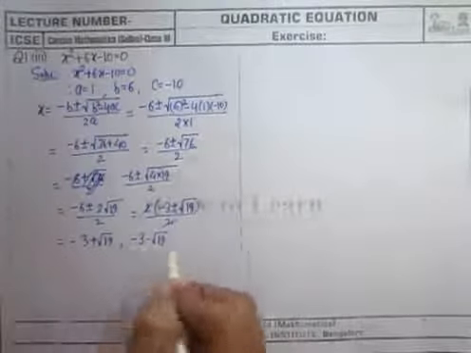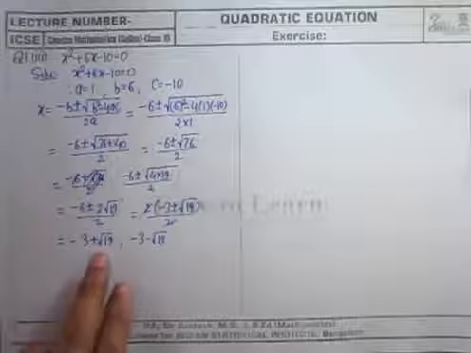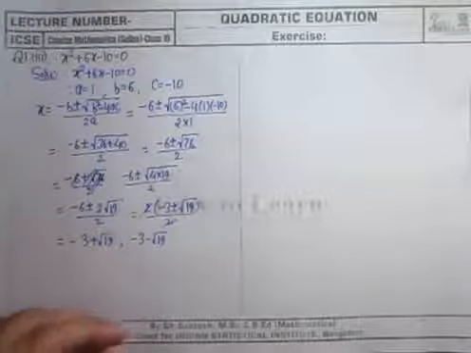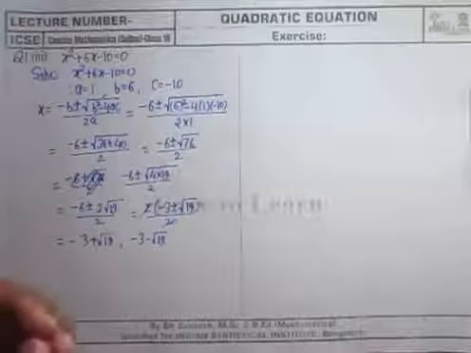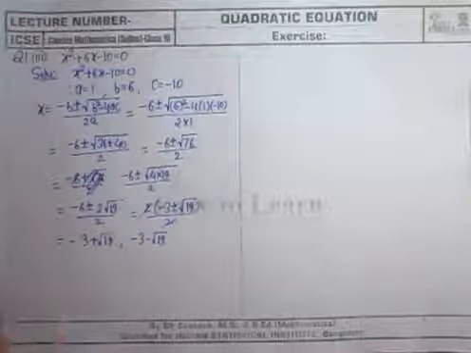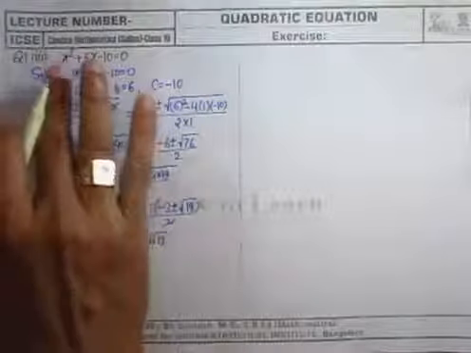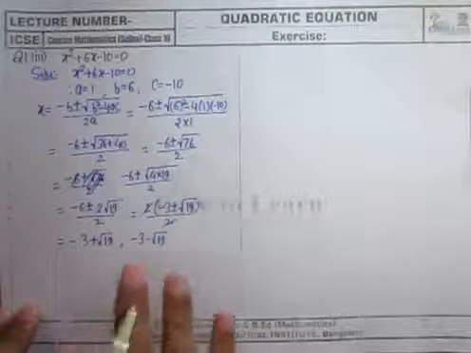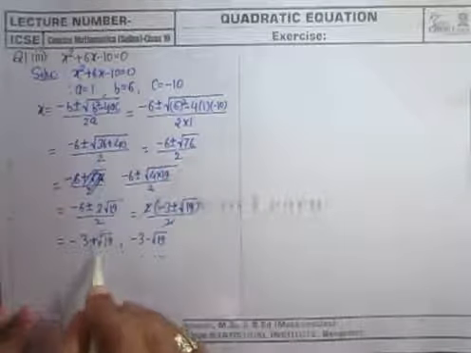Generally in this type of question, when the square root is not a perfect number, they will ask to write the answer up to 2 decimal places or 1 decimal place. Clear? They will indicate in this way. Here it is not written in the question, so you can leave the answer up to here. But if it is written to write the answer up to 1 or 2 decimal places, then you have to simplify this also.